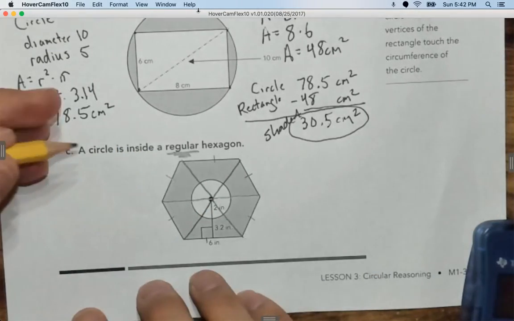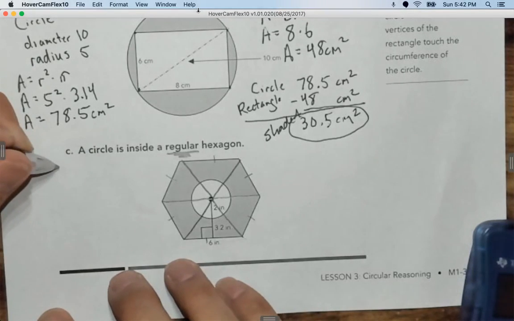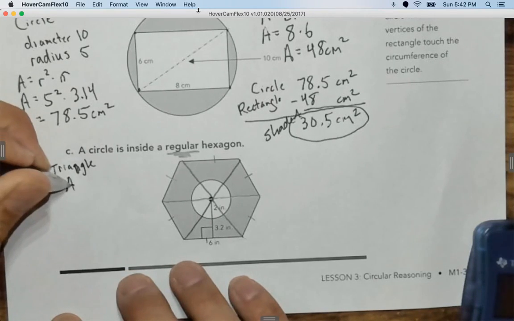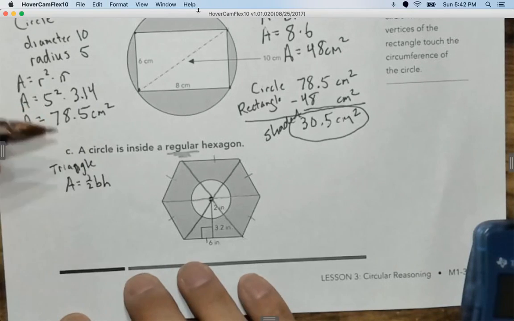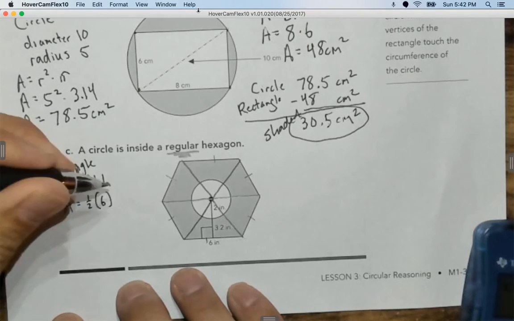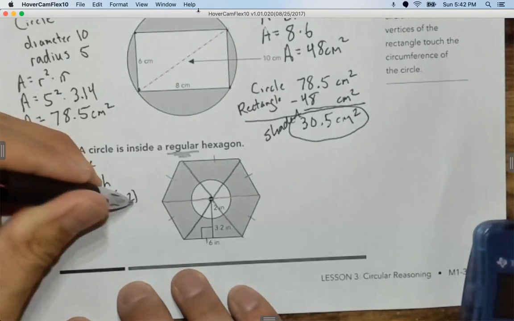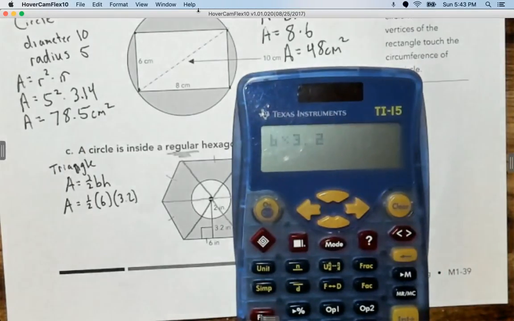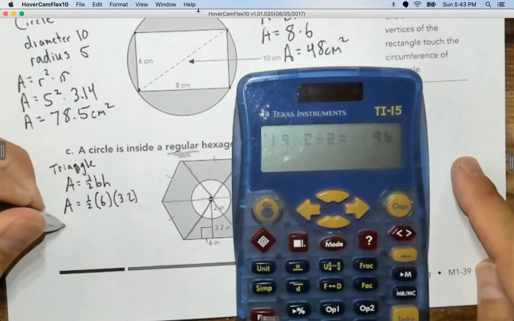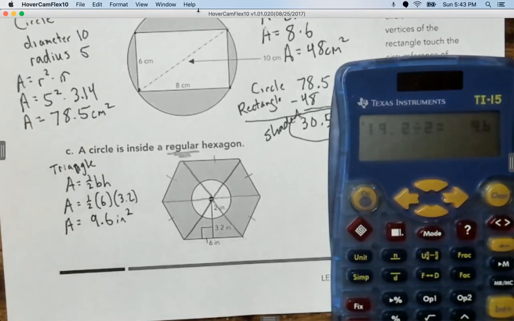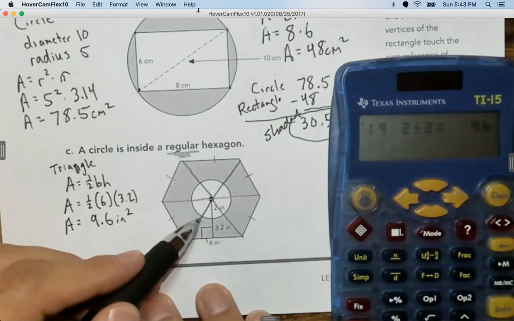And then, because that's the case, a triangle, we should know, its area is 1/2 of base times height. And so for this one, it would be 1/2 times the base of 6 times the height of 3.2. And I could just take 6 times 3.2, and I know that if I divide by 2, that is often the same as multiplying by 1/2, and so I have an area of 9.6 inches squared for one triangle, but it's a hexagon, so there are 6 triangles.